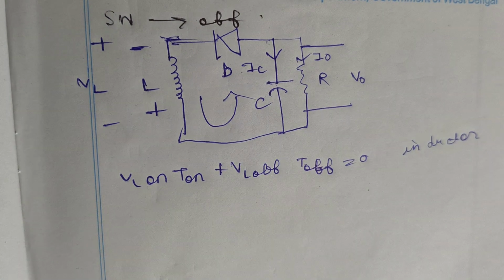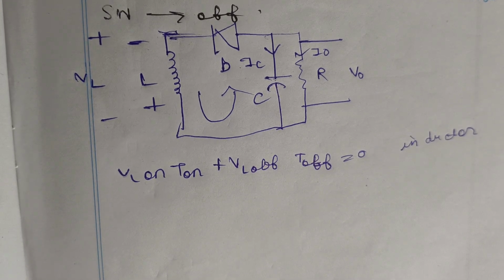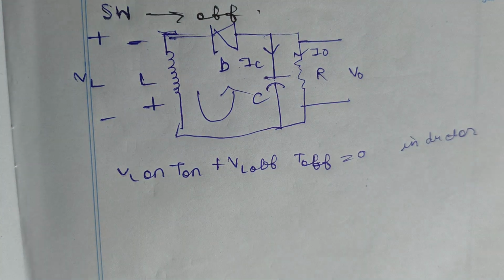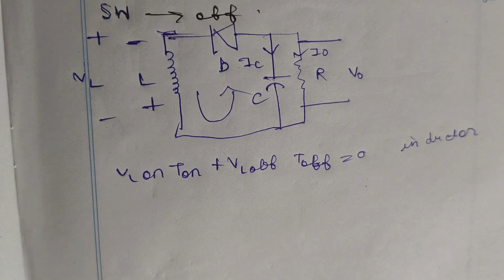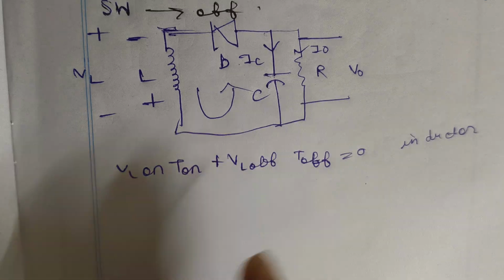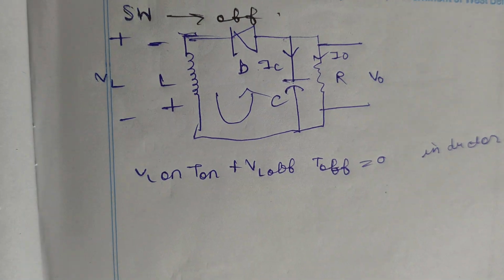Whatever energy the inductor stores, that amount of energy will be delivered. No amount of energy is kept. Like if the inductor stores 20 joules, let's say, it will deliver 20 joules in the off condition. That is the volt-second balance for the inductor. That means the average voltage across the inductor is going to be equal to 0.